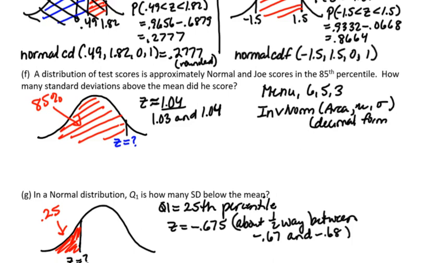Okay, so we're going to put in 0.85, and I should be more specific here. It has to be, I'm going to erase this, sorry again. This is the area to the left of the boundary. Okay, it's the area to the left of the boundary.